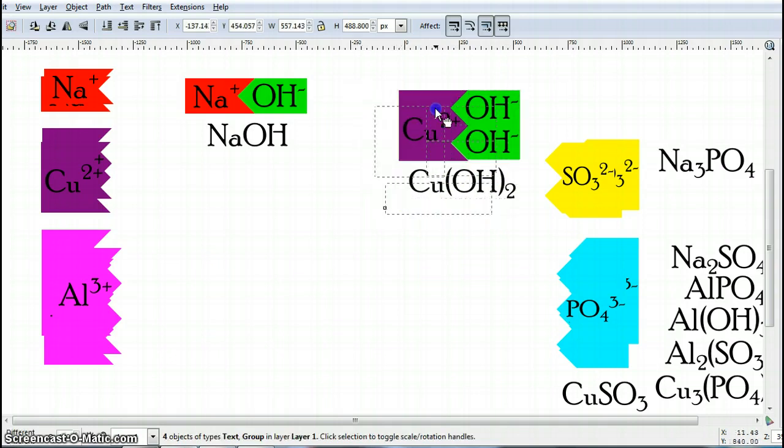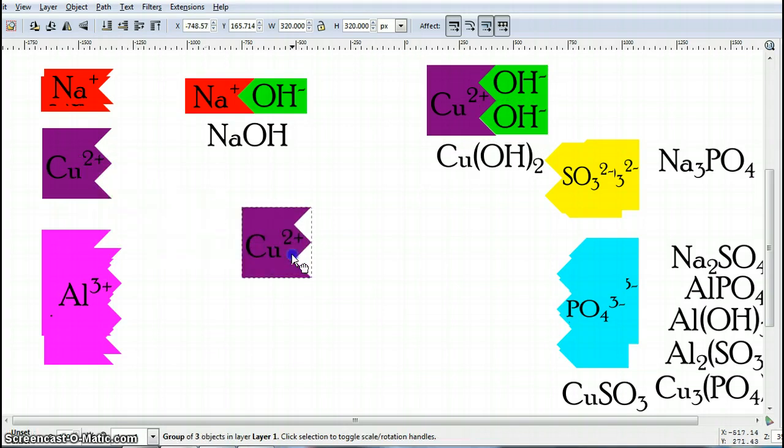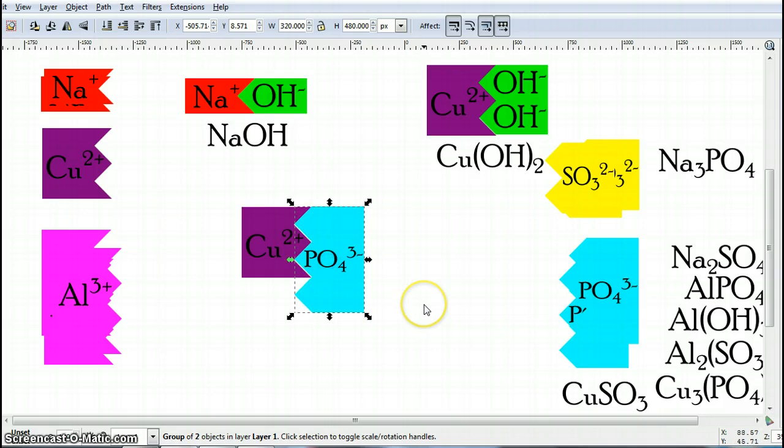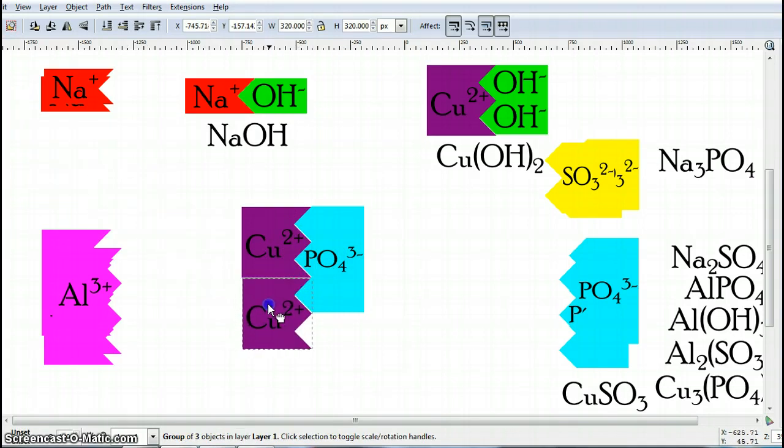All right, and we will do one more example, and that would be if we were to use, let's say, copper 2 and phosphate. Now, if I were to use copper 2 and phosphate, what we see here is that I don't have enough coppers, so I need another copper, and I will bring it here.